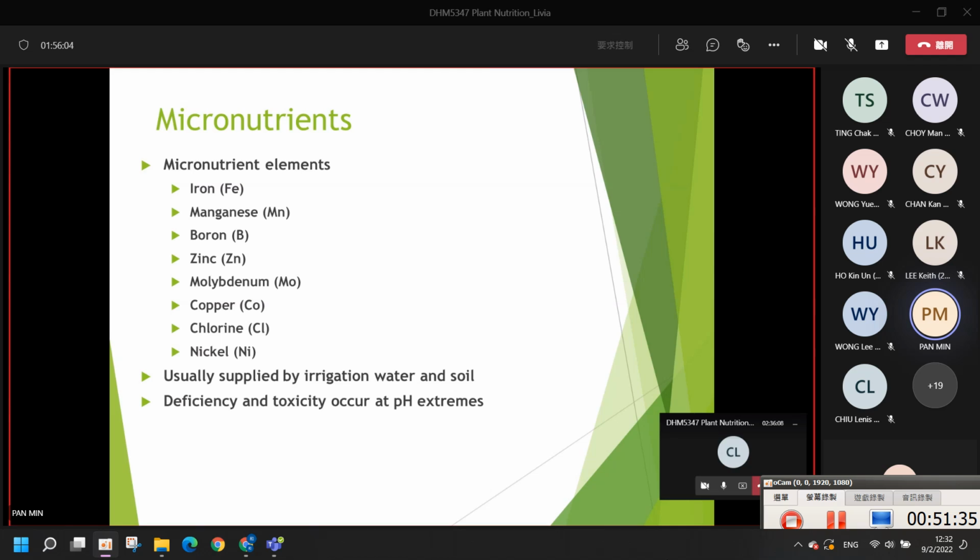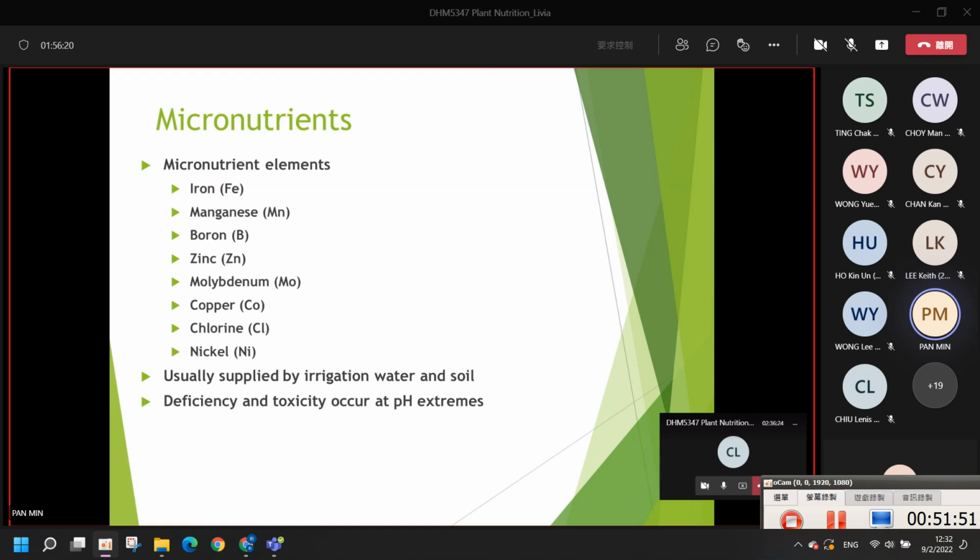These micronutrients sometimes need no extra application in the soil, because they're usually supplied by irrigation water and the soil.